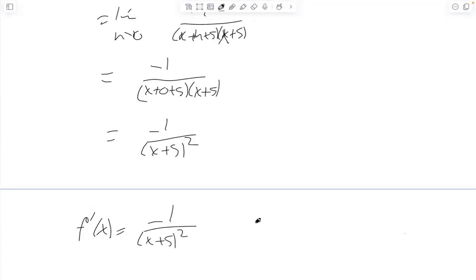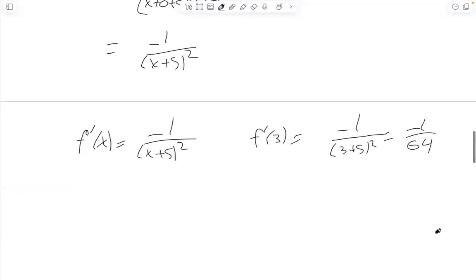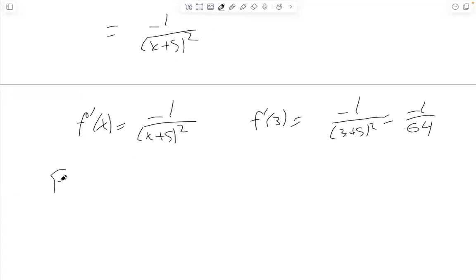So now if I wanted to use that guy to calculate f prime of 3, plus 5 squared, I get -1 over 64, the same thing I got the other time. Okay, now let's use that. Let's, for fun, find the equation, that's shorthand for equation, of the tangent line.